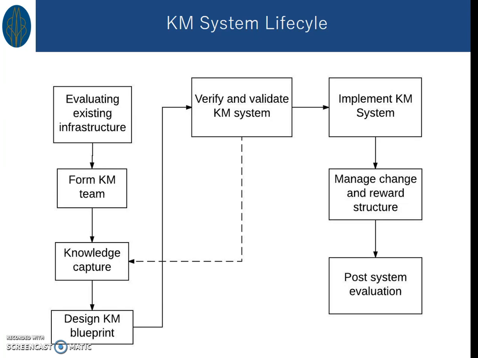Of course, knowledge is captured again from the experts. The knowledge management system must have the flexibility to add new knowledge. That is why the knowledge management system uses prototyping or rapid application development as the basis for KMS development.